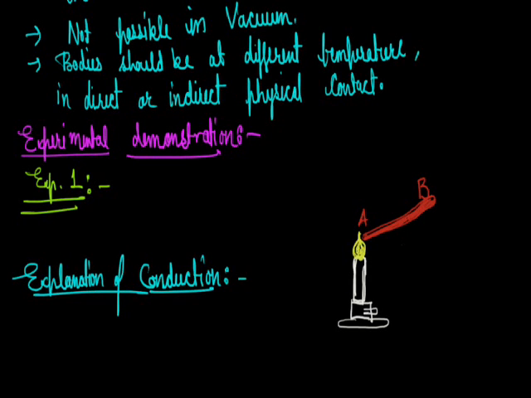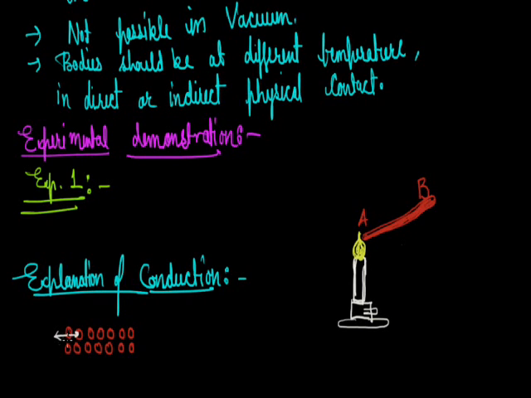Suppose some molecules, as we know in solid, the molecules are closely packed. They are arranged closely. If we heat up one end, then the neighbor molecule gets energy and it starts vibration about its mean position.